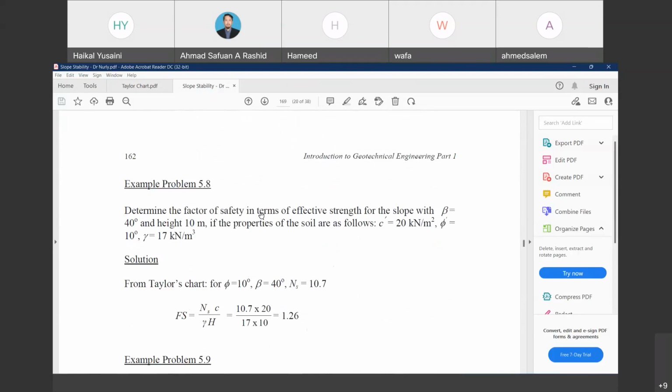Determine the factor of safety in terms of effective strength for the slope with beta equal to 40 and height 10. The properties are as follows: 20, 5, 10, gamma 17. The degree of the slope is 40.